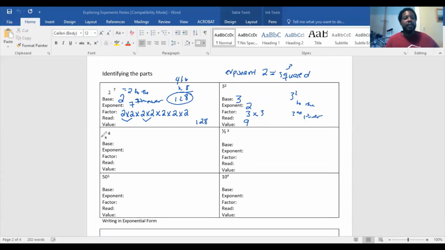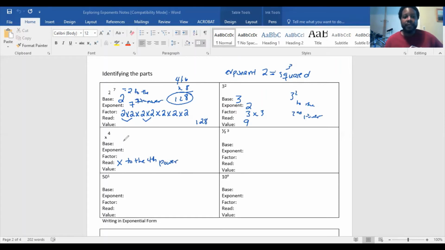Very good. So now we have an x and we have the exponent of 4. How would I read that? Well, I read what I see. I have an x, and then what's the power? The power is 4. So it's x to the 4th power.